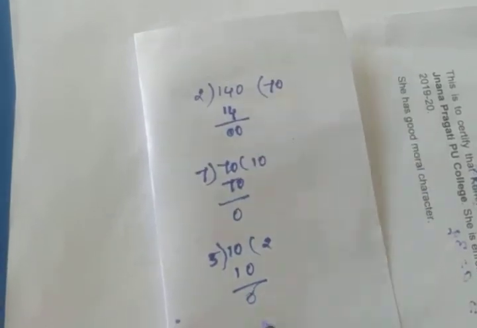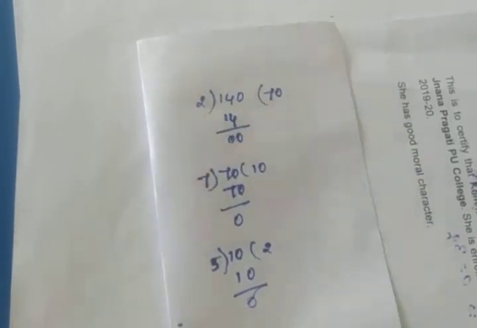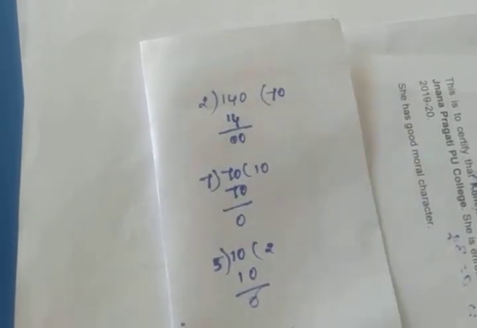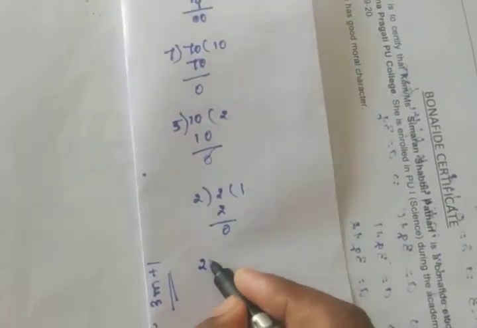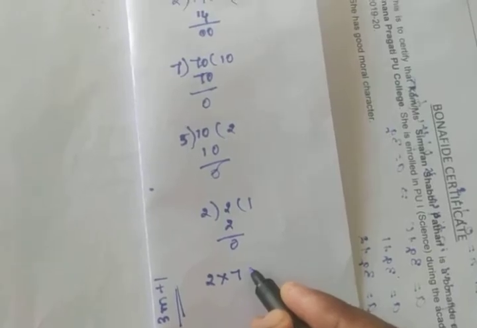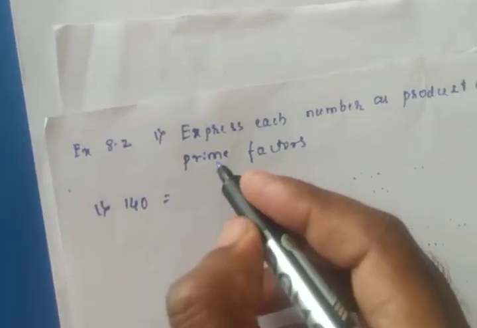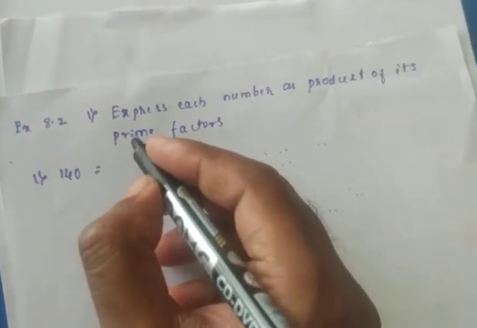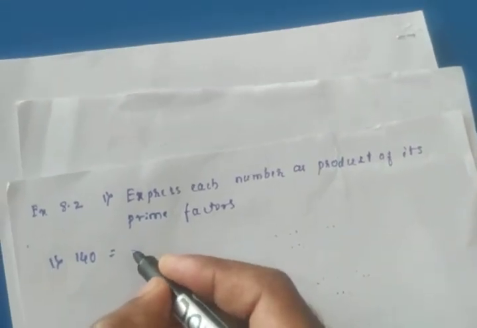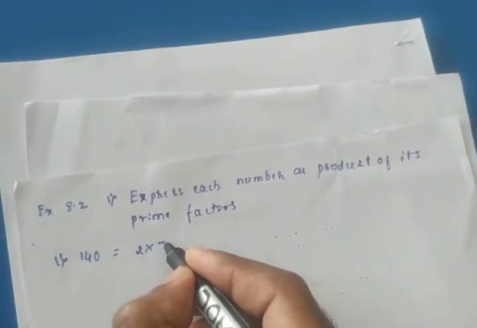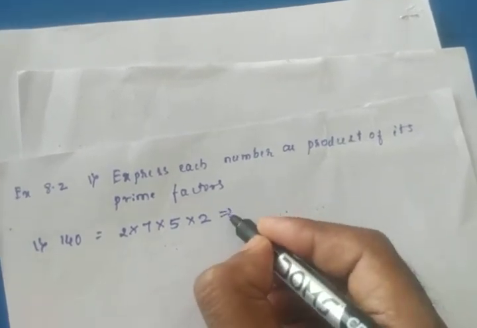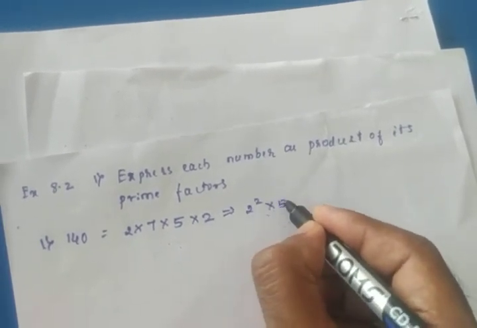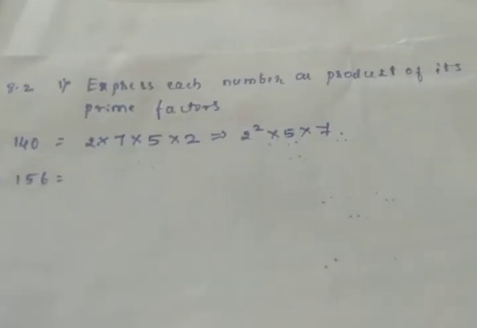The quotient is 2. 2 is divisible by only 2. The multiples of the prime factors are 2 into 7 into 5 into 2. We can write the product of its prime factors as 2 into 7 into 5 into 2, or else in the form 2 square into 5 into 7.